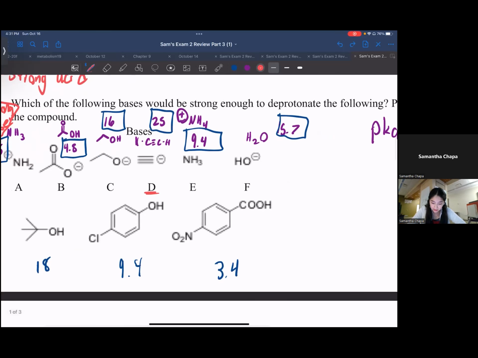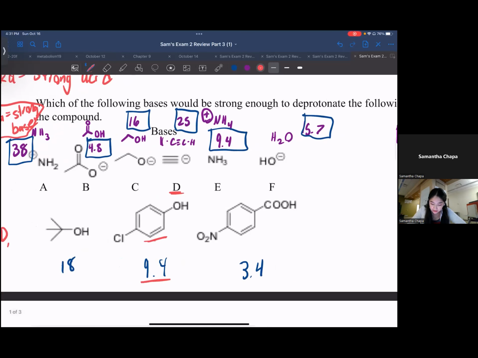We're doing the same thing with this one right here. The parachloro something. I don't know. I tried. Okay, so then this is the pKa. Anything larger than 9.4 is going to be able to deprotonate this proton right here. So then for sure A will be able to deprotonate, not B. C will be able to.